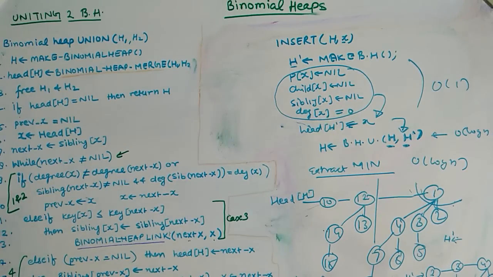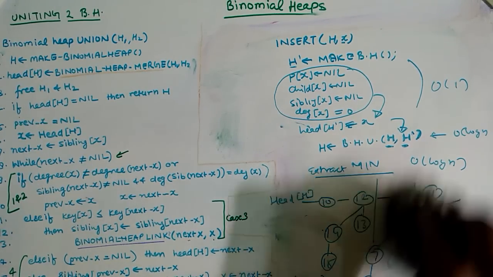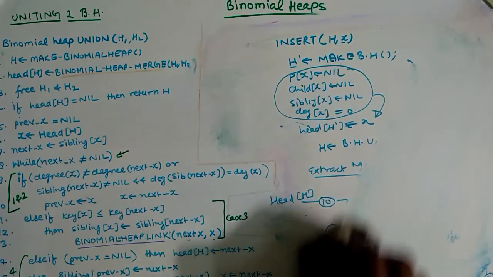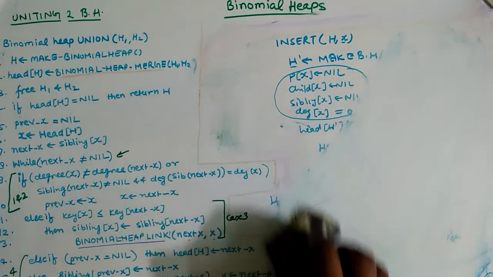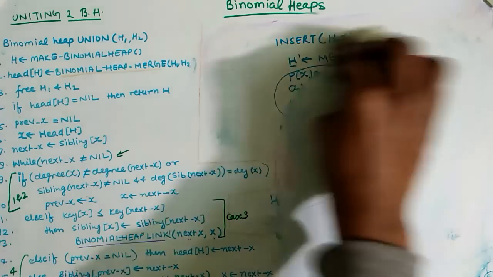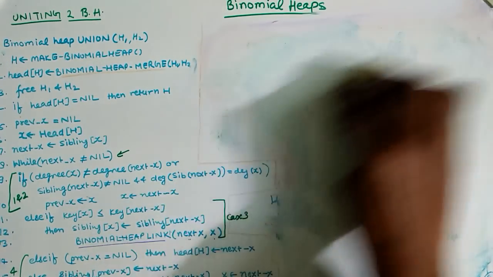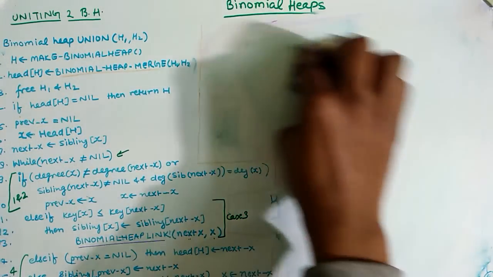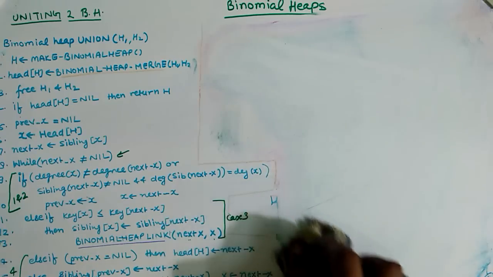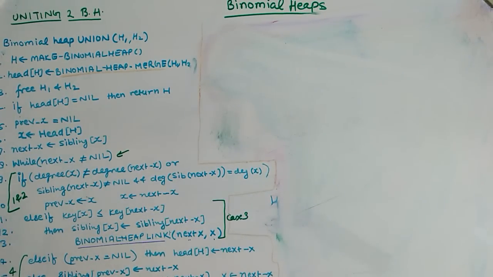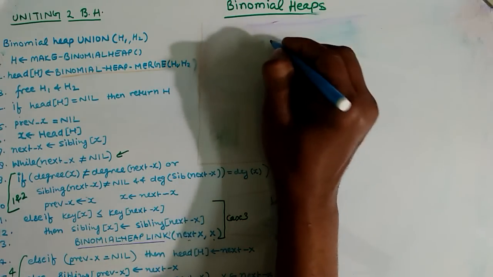So all operations like insertion, finding the minimum, or extracting the minimum from the heap take order of log n time because of this union procedure. We write the union procedure once, and it can be used in all the operations performed by this binomial heap.